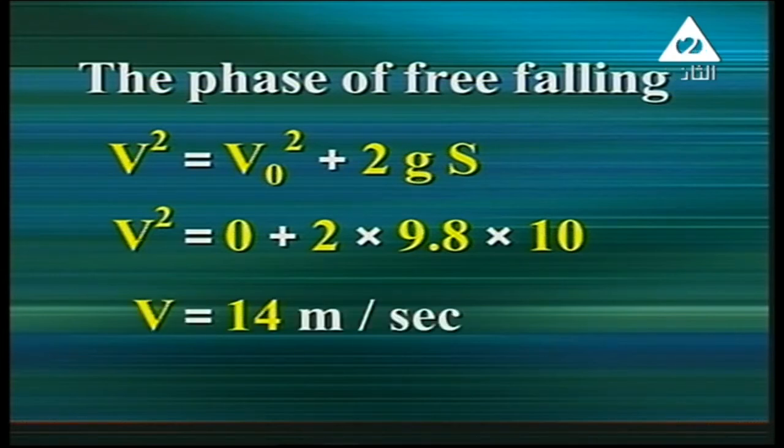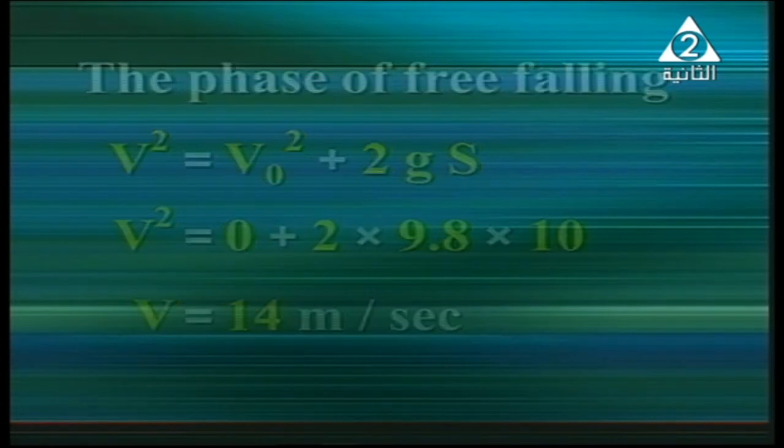Then velocity equals 14 meter per second. Remember, dear student, the body fell from a distance of 10 meter. In this case, the body is moving with velocity 14 meter per second.